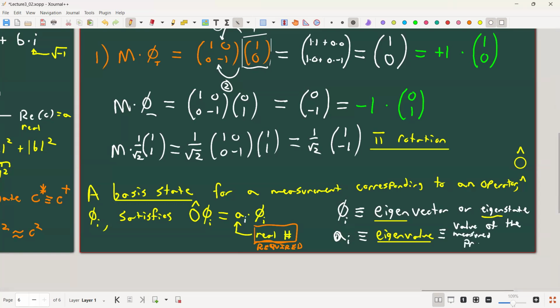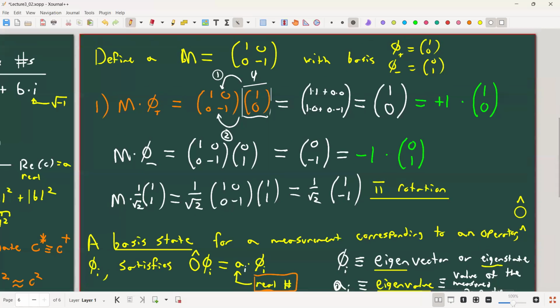What does that mean? Well, let's go back up to our newly identified eigenstates of this matrix M: (1, 0) and (0, 1). When you apply M to them, you get (1, 0) and (0, 1) back, and they're multiplied by +1 and -1. What does that mean?